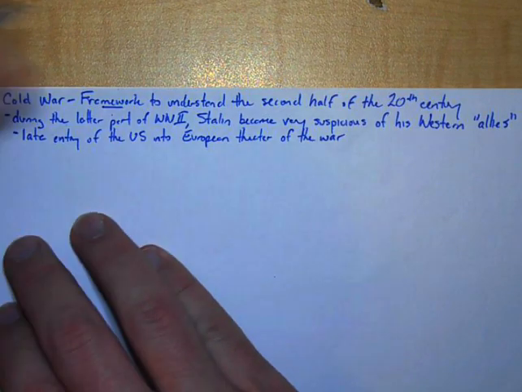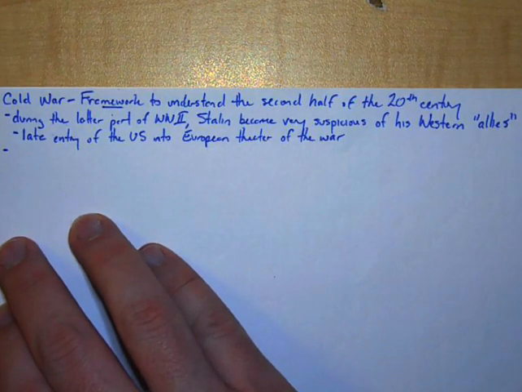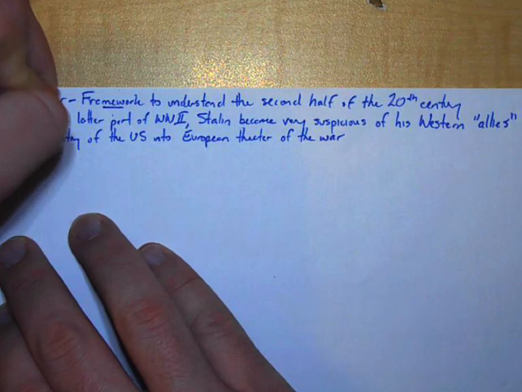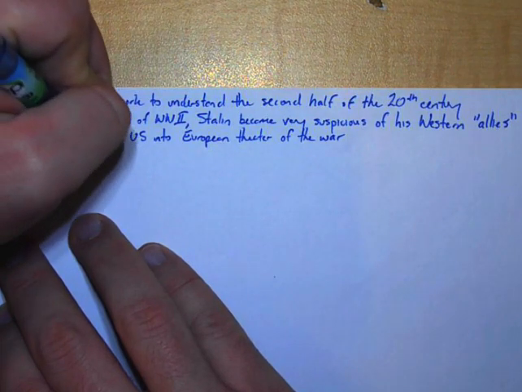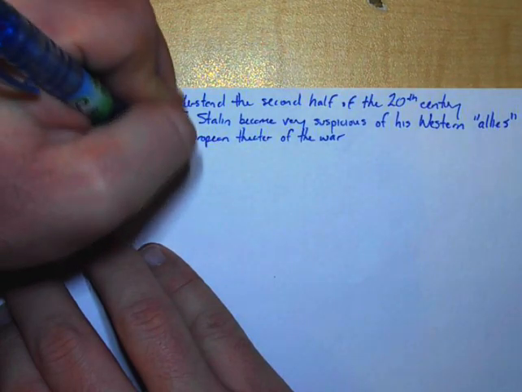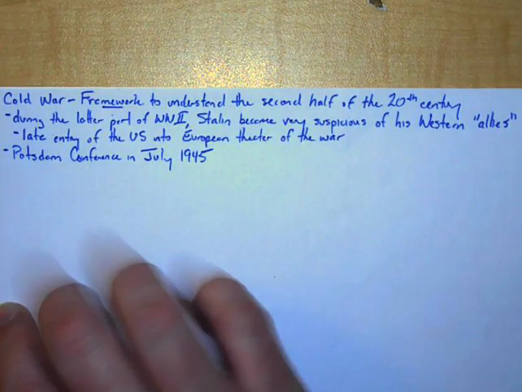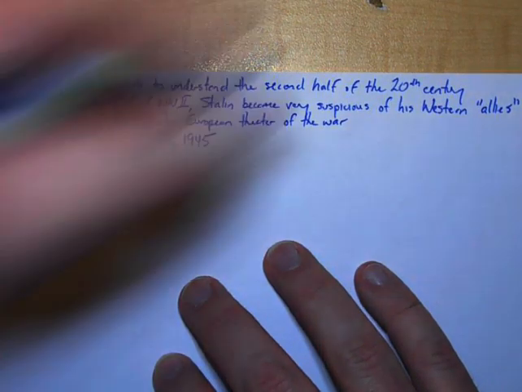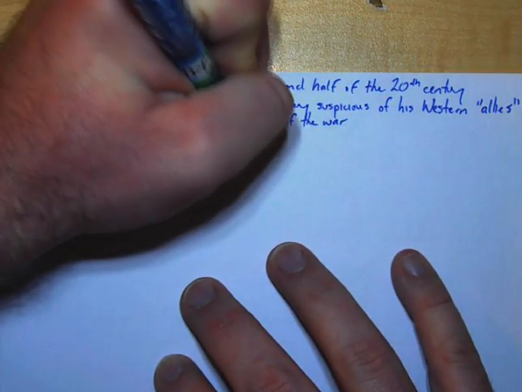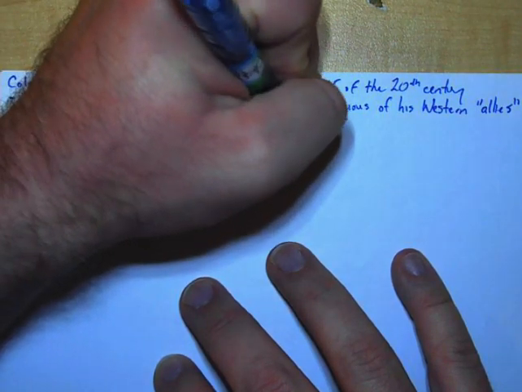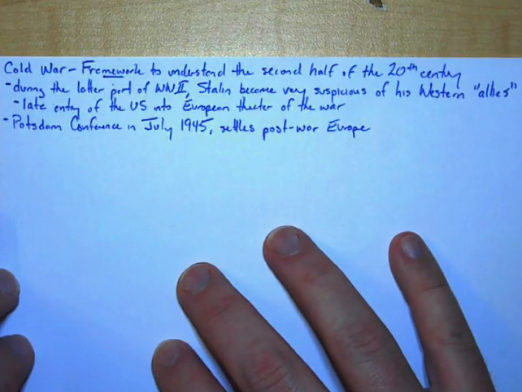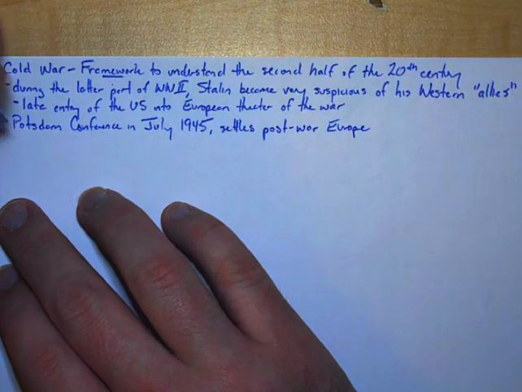So when the war ends and we get the post-war conferences, specifically the Potsdam Conference in July of 1945, we see Stalin's suspicions come out in some of the actions he takes during and after the conference. So at this conference, they discuss a number of things.